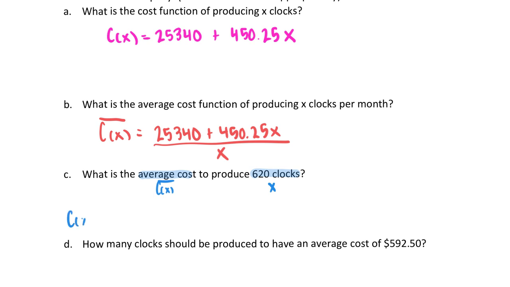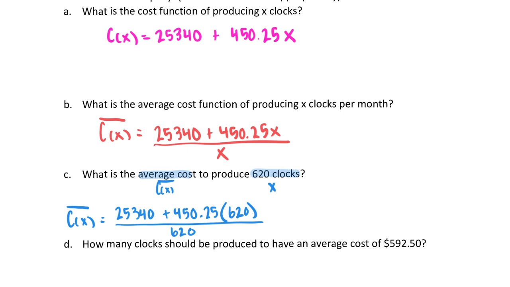We don't know C of x bar, but we do know that x is 620, and we're going to divide the whole equation by 620. You're going to need a calculator on this test, so make sure you have one that you like to use and you're comfortable with using. I'm going to plug that in and just figure out what that is.